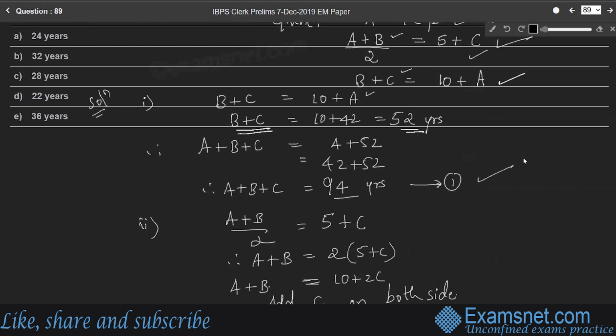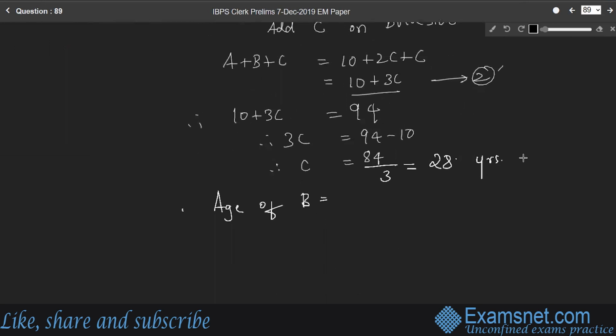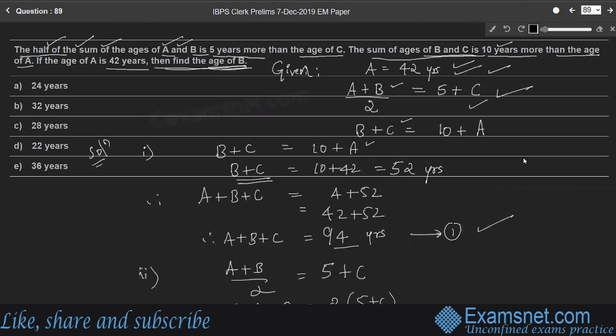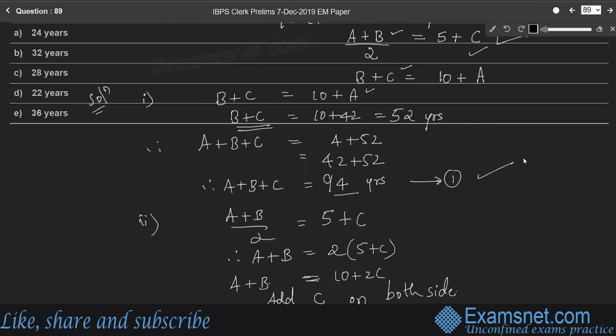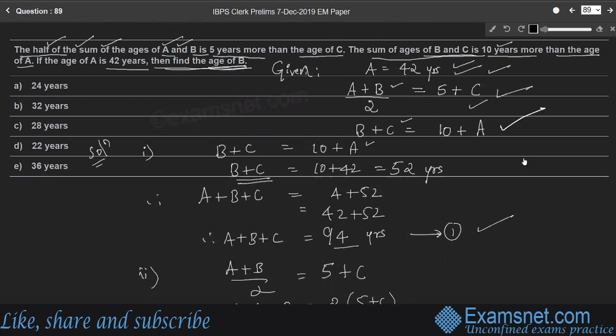So you can take, so by equation, age of B. By equation, B plus C is equal to 10 plus A. Right? This equation.